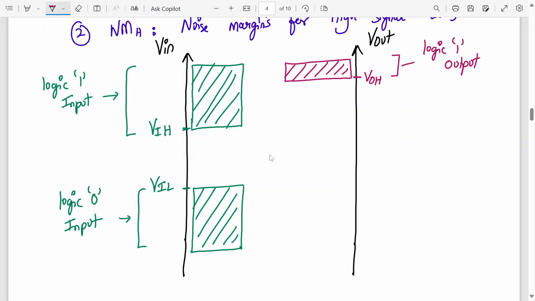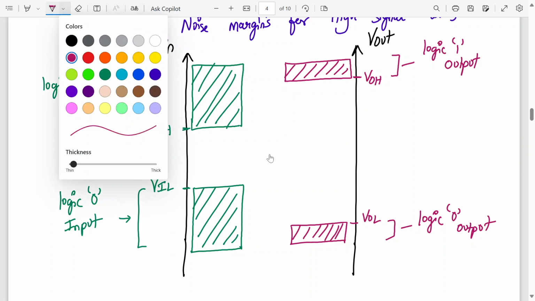Can anyone guess? VOL. This range, logic 0 output.